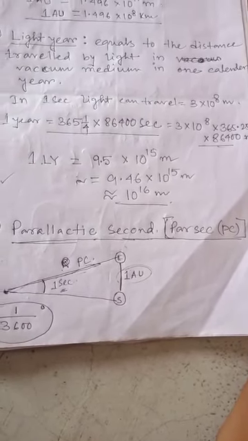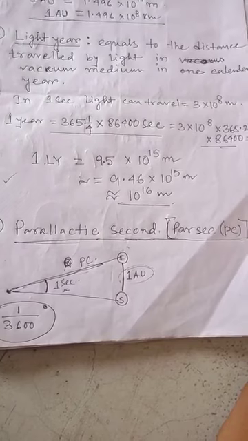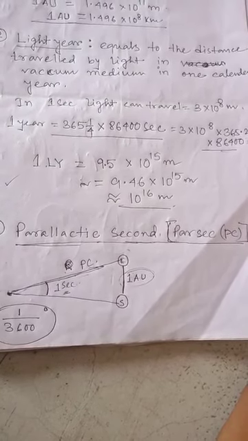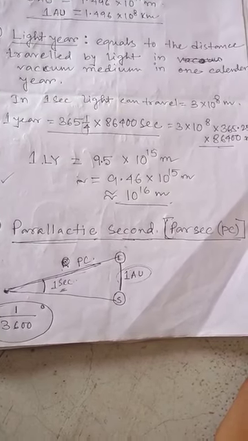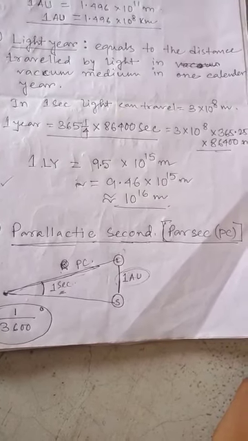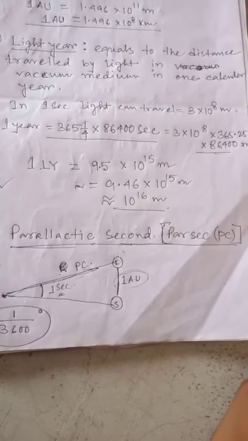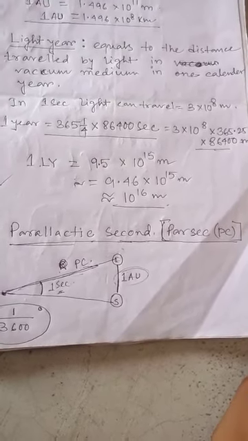Clear? So 1 parsec is the distance at which the average radius of Earth's orbit around the sun, that means 1 astronomical unit, would subtend an angle of 1 second at the center of that circle.